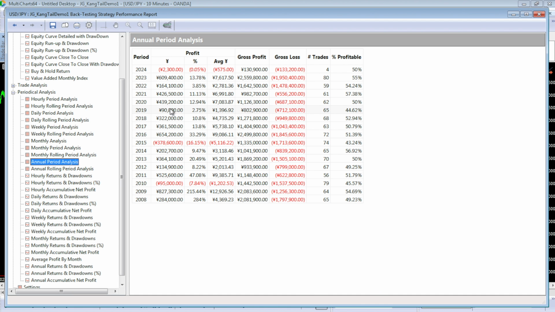We can see that obviously 2020 the strategy was developed. 2021 we made money. 2022 it made money. 2023 was a very good year, and 2024 at the moment we're showing a tiny loss, but look, we've only had 4 trades in January this year so far.